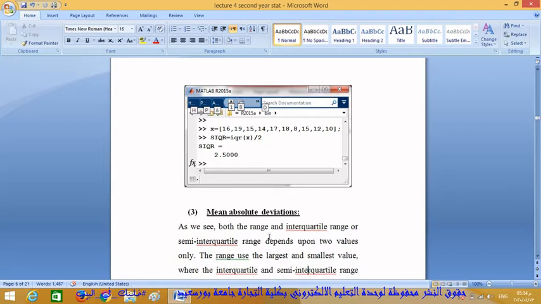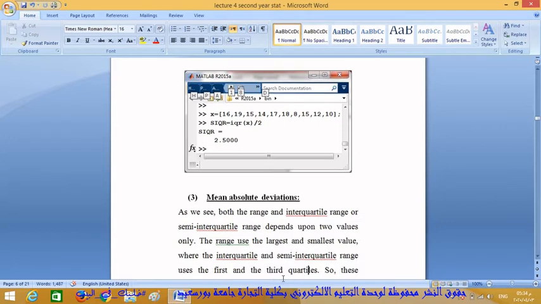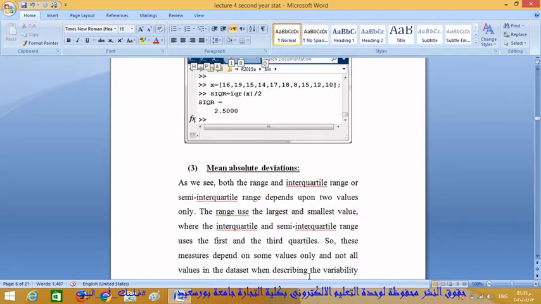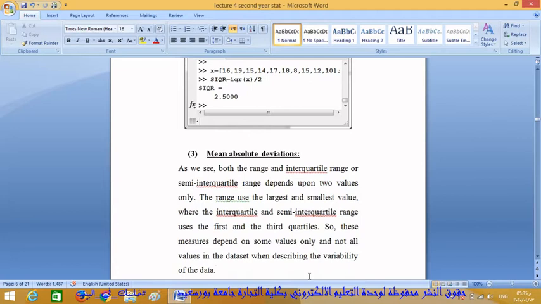So each of them depends upon only two values in the data set, not all the values, and neglects the remainder of the values. So these measures depend on some values only and not all values in the data set when describing the variability of the data. Okay?